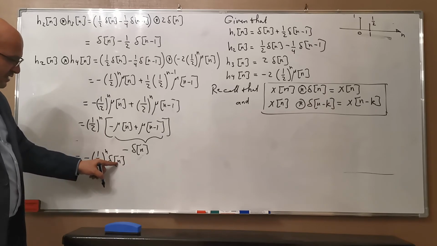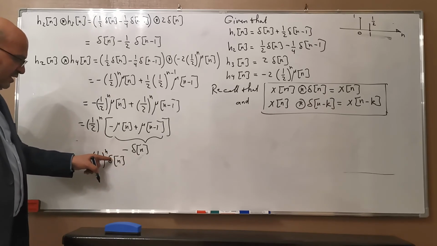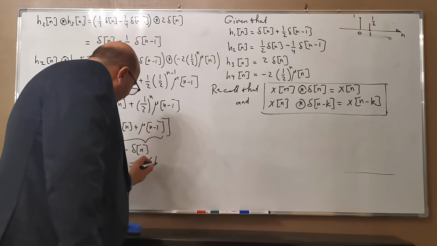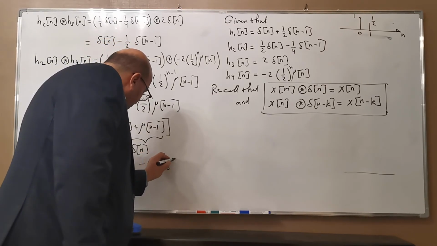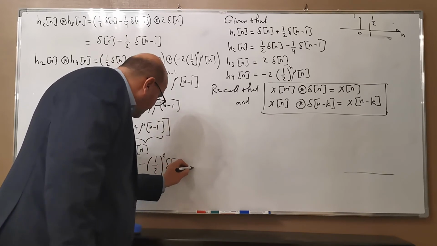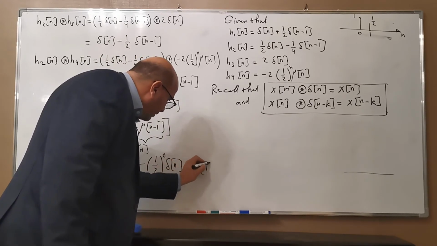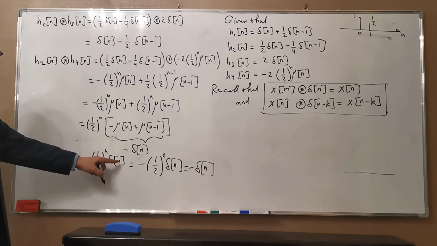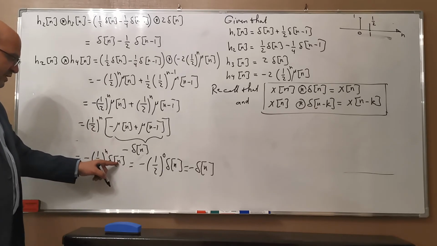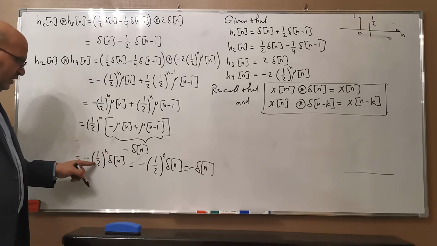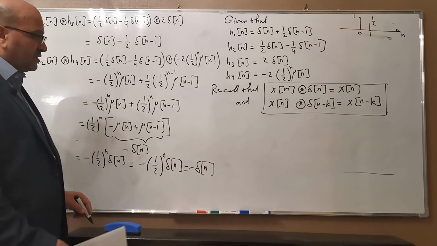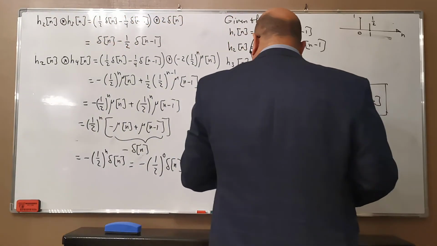The delta here is at 0, so the only non-zero value for this delta to be 1 is at n equals 0. So this is equal to minus (1/2)^0 delta of n, which is minus delta of n, because the only non-zero value for delta is at n equals 0. So this is 1/2 to the power 0, which is equal to 1, with a minus sign. So it's minus delta.